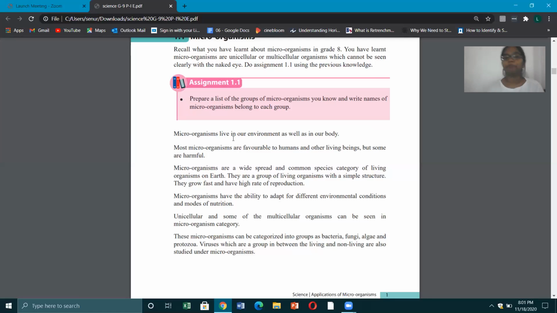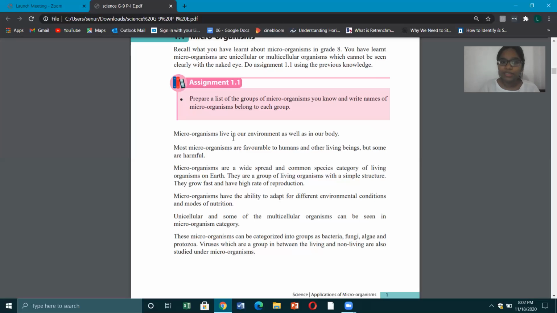Anyways, most microorganisms are good, and we can get some kind of advantages out of them. But on the other hand, there are some harmful effects of microorganisms as well. One such example is coronavirus, where a lot of people are dying because of that. So likewise, there are benefits and also disadvantages.